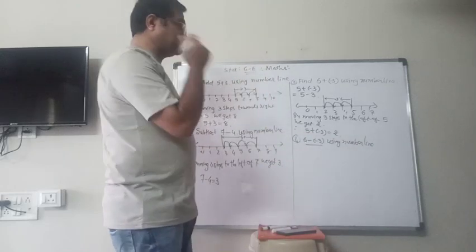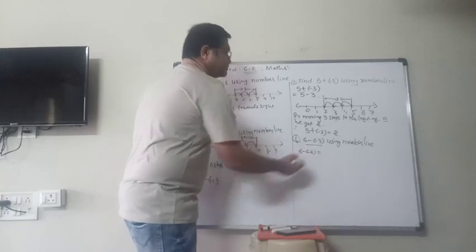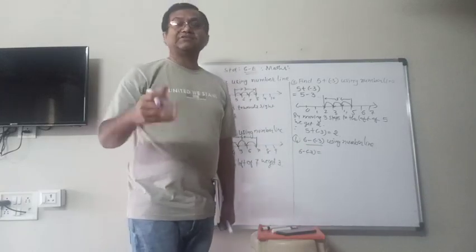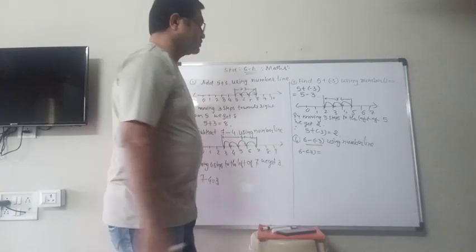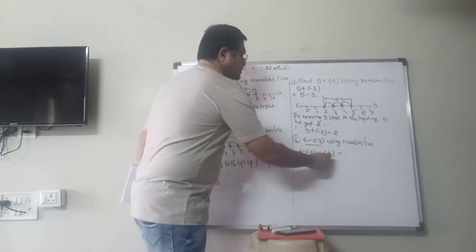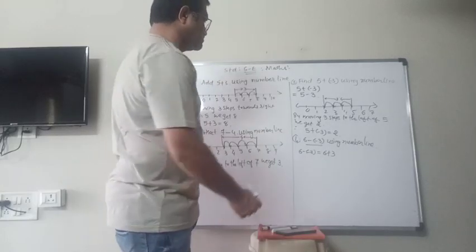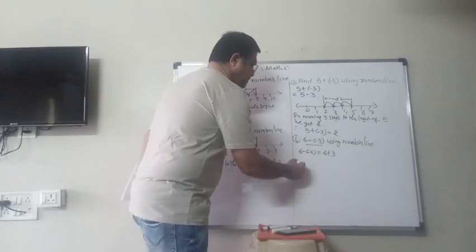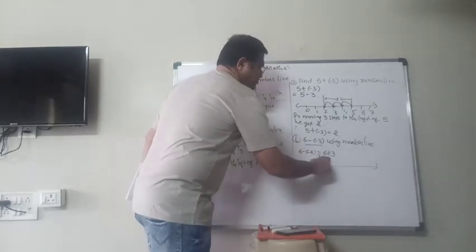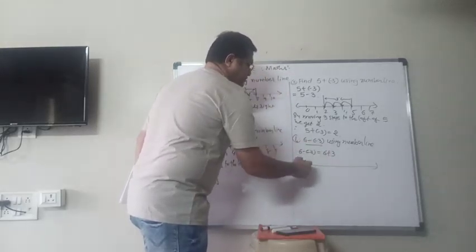So now in this situation, 6 minus minus 3, we know that minus minus becomes plus, that is 6 plus 3, right? So now we have to do the same thing, but addition, not subtraction. Addition now, because minus minus becomes plus.